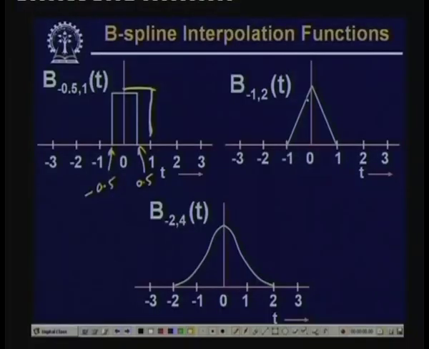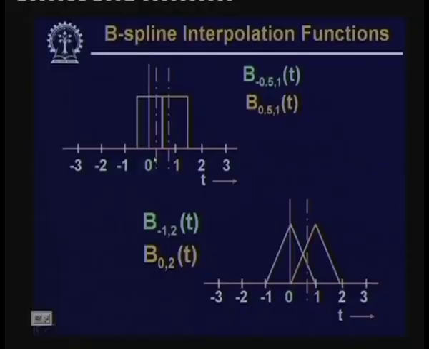Similar is also the case for the linear B-spline, and it is also similar for the cubic B-spline, that is b_i,4(t), and in this case it will be b_i-2,4(t). So, using this, let us see how it helps us in the interpolation operation.